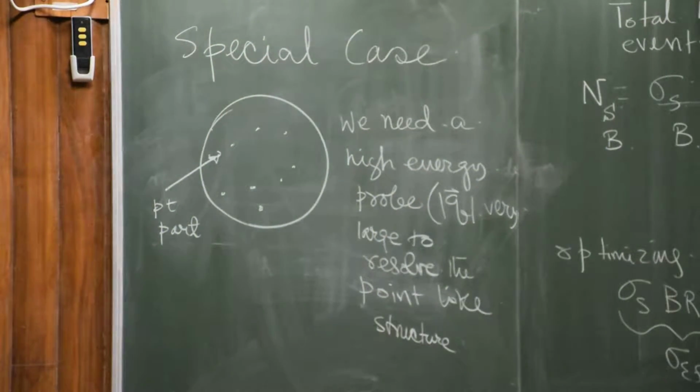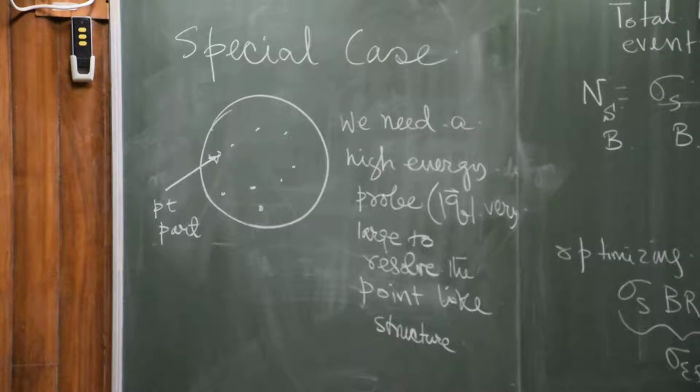To give you an example from one of the most important events in the history of particle physics, let us say Rutherford scattering. What did Rutherford use? He used alpha particles. So they are energetic. In fact, they were the most energetic particles available in those days because there was no accelerator.